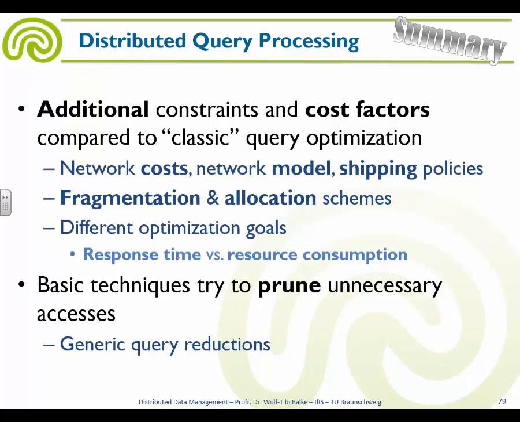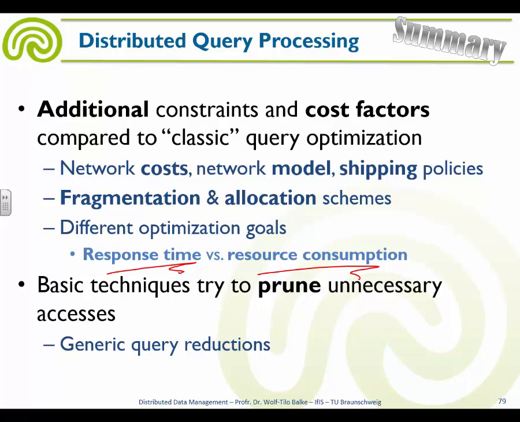We have to talk about fragmentation and allocation schemes to figure out whether things can actually produce results. And we might have different optimization goals, for example, the response time versus the total resource consumption, right? The throughput of the network. Very often in distributed settings, we rather care about response time, about quality of service, than about throughput, right? Highest throughput is not always necessary. User satisfaction is the quality that we want to have, right?